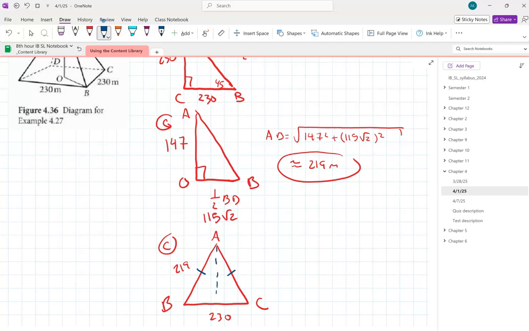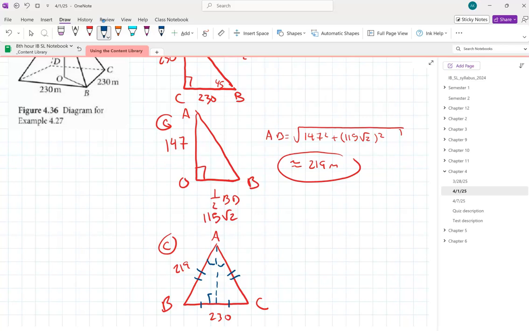If I draw in a height, wait, how do we know this is isosceles? Oh, because it's a square pyramid. Yep. Everybody good with that? I know an isosceles triangle, if I draw that altitude in from the apex angle, is going to be an angle bisector and a perpendicular bisector.